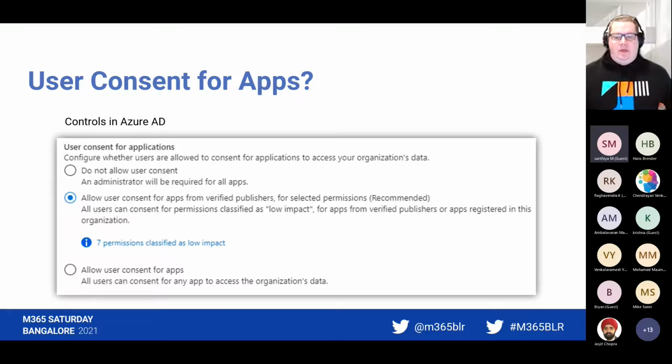But you can limit it so that users can take applications in use from verified publishers and with selected low impact permissions, which means actually just sharing the information needed for making the single sign-on.